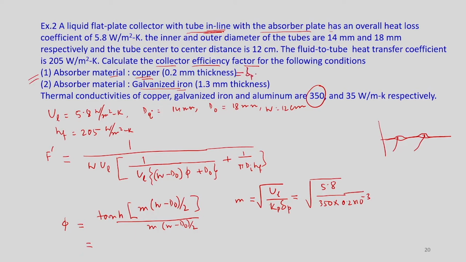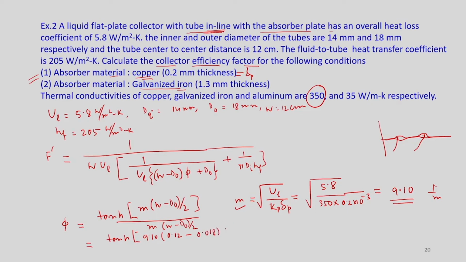On substitution, what will be the value of m? It will be 9.10. This will be in 1 by meter, right? So if we use this m here, let's write tanh of 9.1, then w is 12 centimeter, so in meter 0.12, and d naught is 18 mm, so this is 0.018.